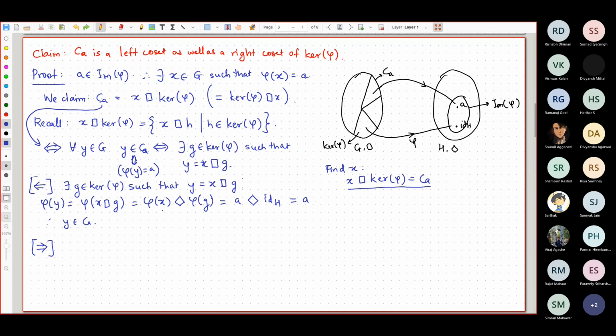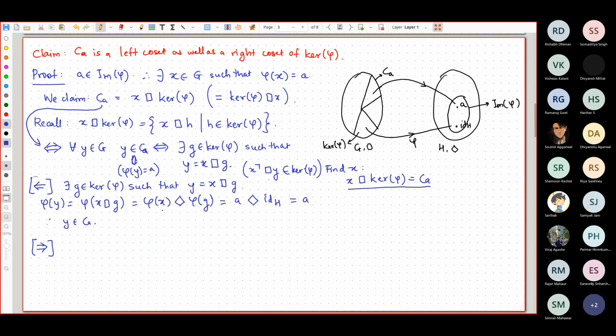This is same as saying x inverse square y is equal to g for some g in kernel phi. I'm just pre-operating x inverse on both sides. So let me just say x inverse square y is in kernel phi. This is what we want to prove.